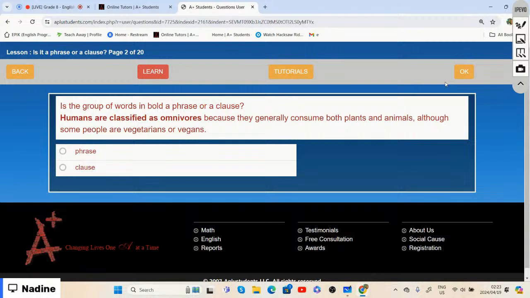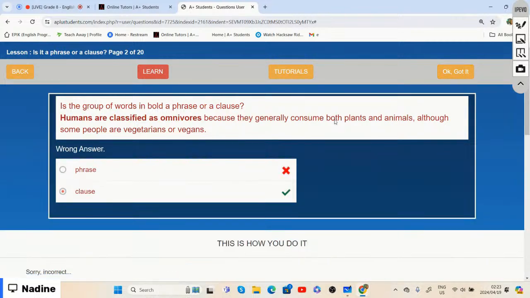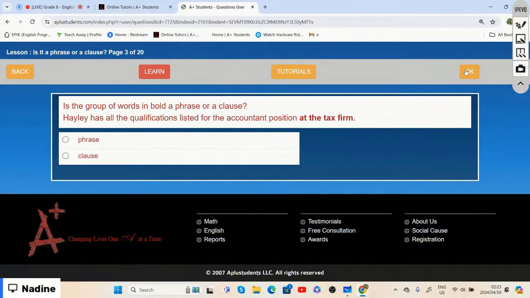So humans are classified as omnivores. So we can say it's a phrase. Ah, it's a clause. Wow. Okay, so it's a clause.